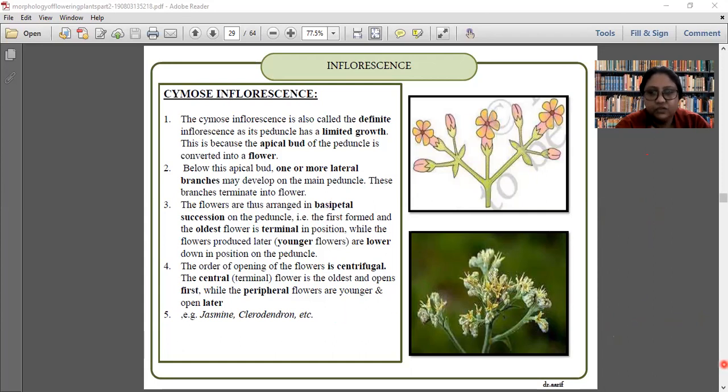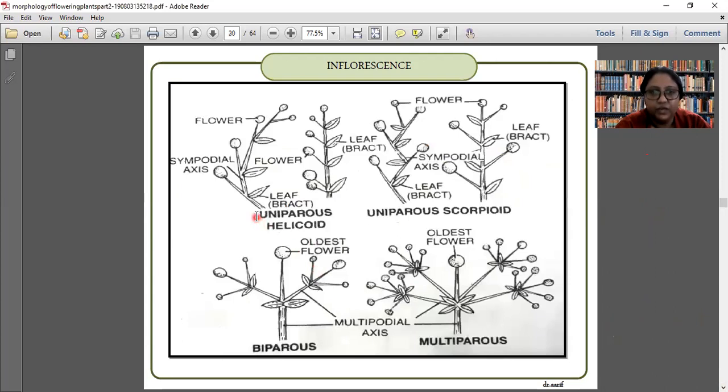Okay, so let us see the variations of cymose. Uniparous or helicoid, it's like a helix. Why do we call it uniparous? Because single branching is there, that's why we call it uniparous. And why helicoid?